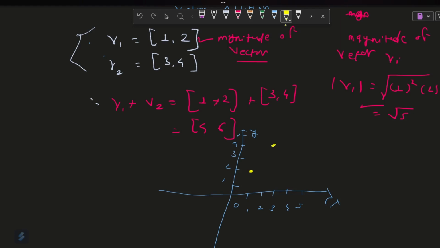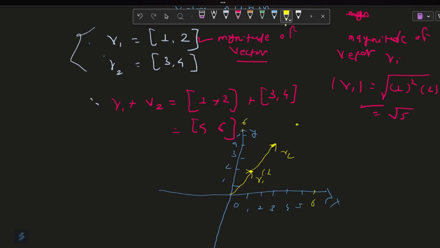This is vector v1, and similarly, this is v2. When we add both of them, the points are 4 and 6, so this point will come somewhere, right?